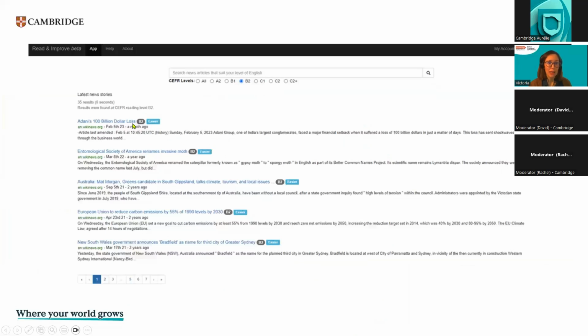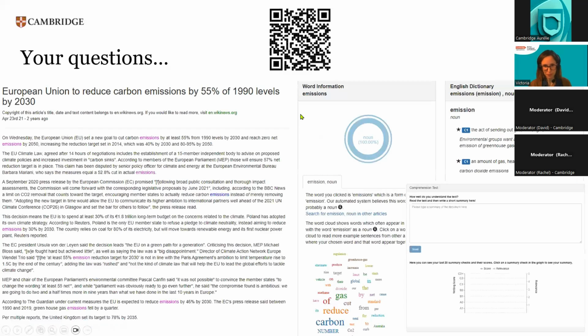And the texts have an indication of the level, the CEFR level. So you can get a text that is suitable for your level. And if you want to access this tool, it is here. You will need to register, and Write and Improve uses the same logins. Everything is explained on the website. But if you have any questions, let us know.